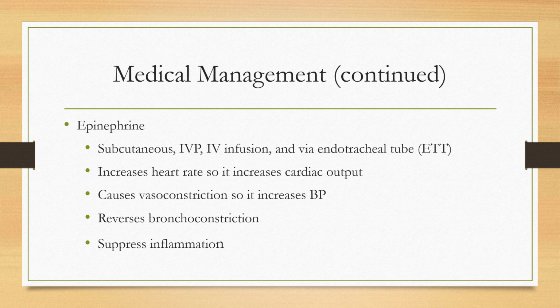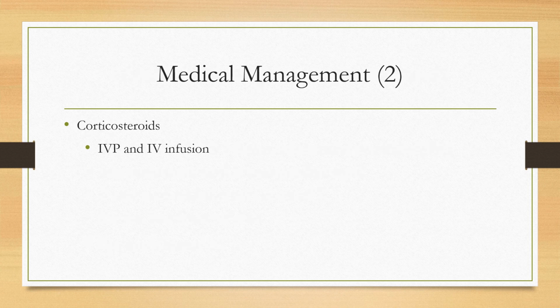It will cause vasoconstriction, so it will increase their BP. It will reverse the bronchoconstriction, and it will suppress the inflammation. Then we will follow that with a corticosteroid, and this can be given IV push and IV infusion.